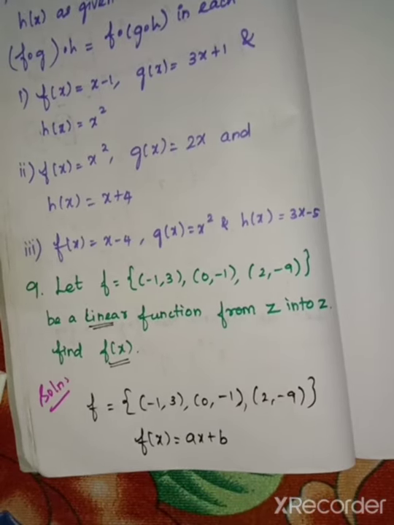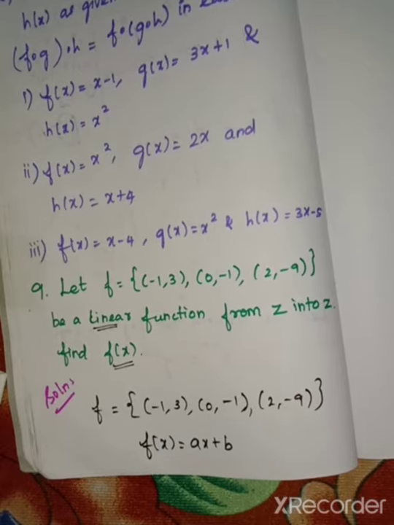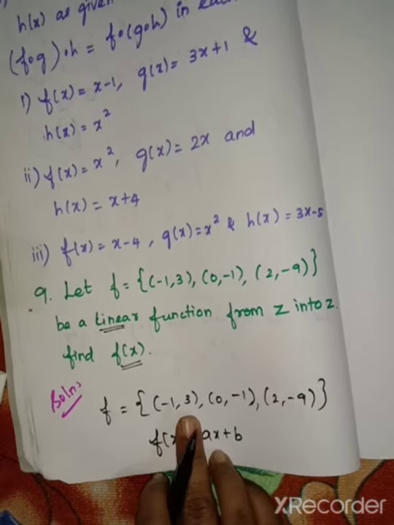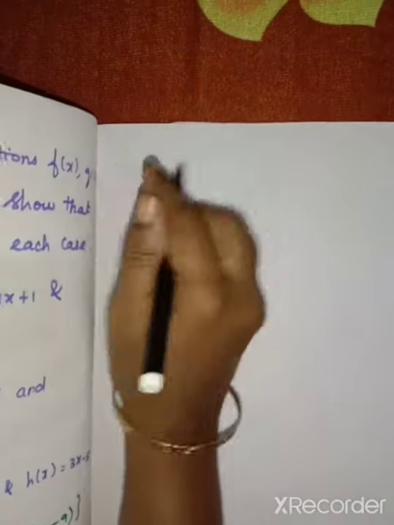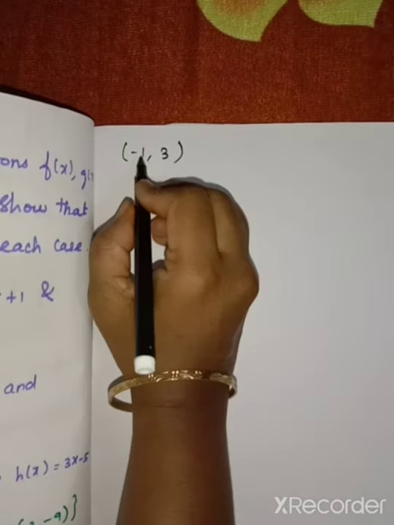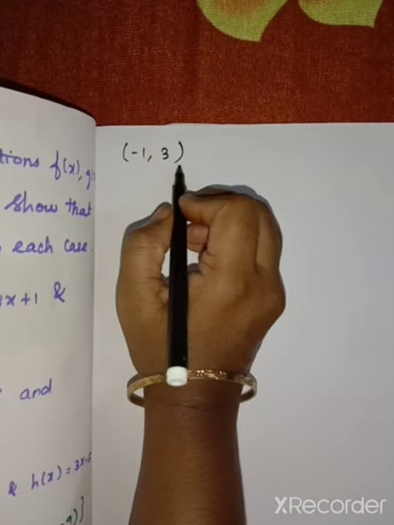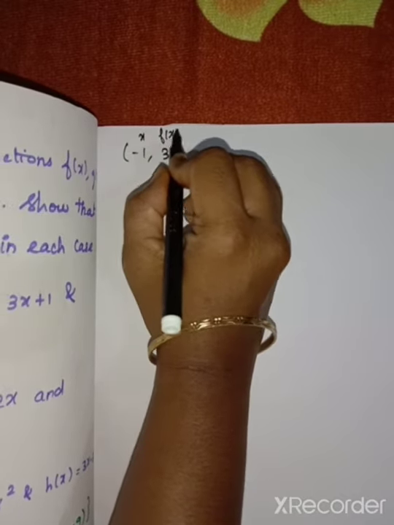We want to solve from the set of ordered pairs. The first ordered pair is minus 1, 3. We know that the first is the domain and the second is the codomain, so we take them as x and f of x.